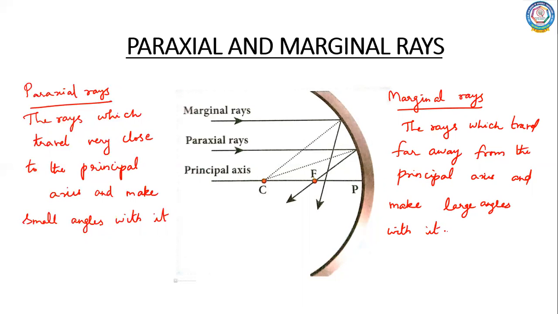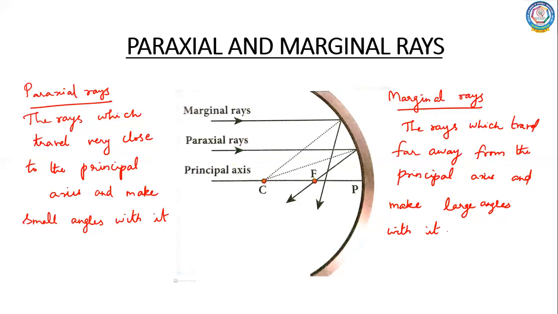They are very far from the principal axis and also from the pole. They make larger angles. Usually, whenever we take rays related to spherical mirrors, we restrict ourselves to only paraxial rays. But for you to know about marginal rays, we define what marginal rays are also. But as far as our studies are concerned, we restrict strictly to paraxial rays.